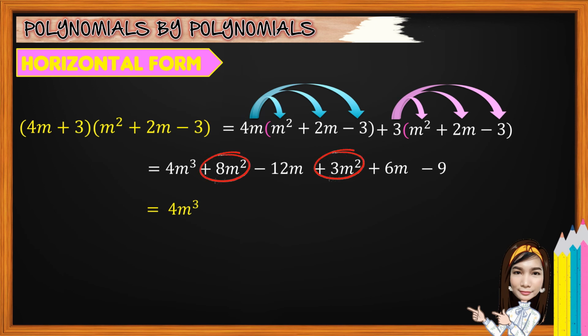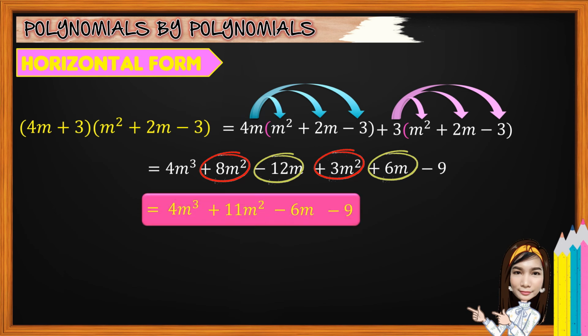Then, combine 8m squared plus 3m squared is equal to 11m squared. Then, combine negative 12m plus 6m. Adding unlike sign, we are going to subtract then follow the sign of the larger absolute value. So, the result is negative 6m. Then, we just copy negative 9. So, the product we obtain is 4m cubed plus 11m squared minus 6m minus 9.